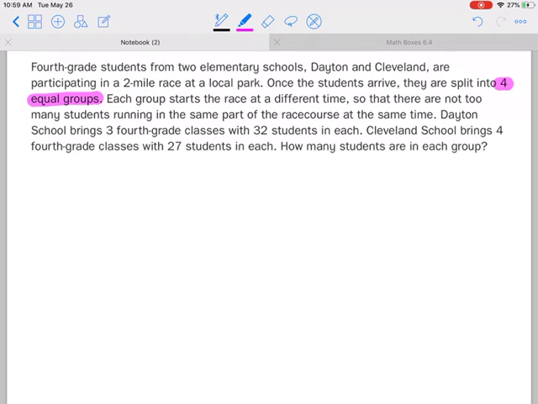So Dayton School brings 3 4th grade classes with 32 students in each class. Cleveland School brings 4 4th grade classes with 27 students in each. How many students are in each group? I'm going to change the color of my highlighter and highlight this last sentence, because that's telling us what we need to know.